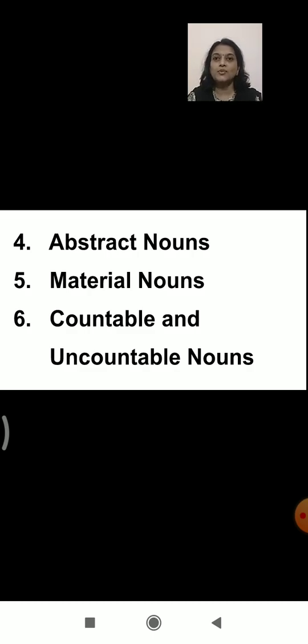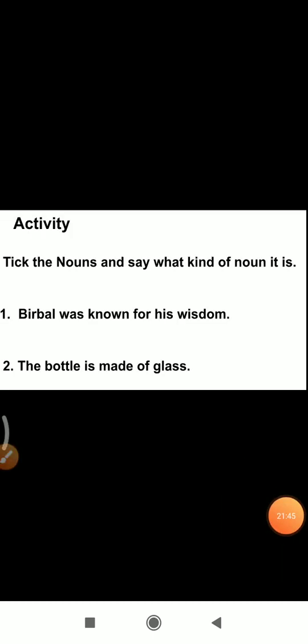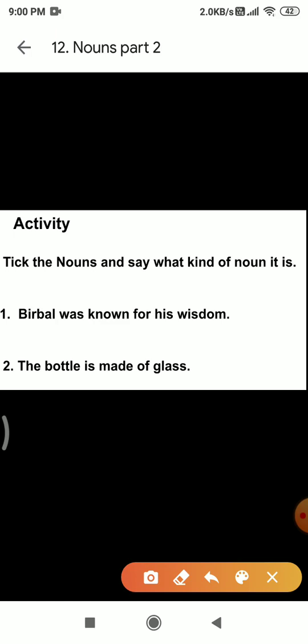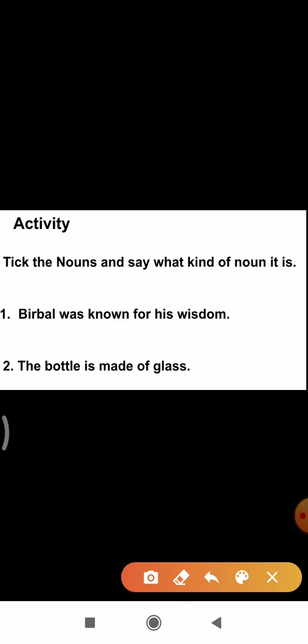Okay, now let's solve one activity here. So here is an activity for you which you are supposed to do, right? Let's start with it. Now here the activity goes like this.